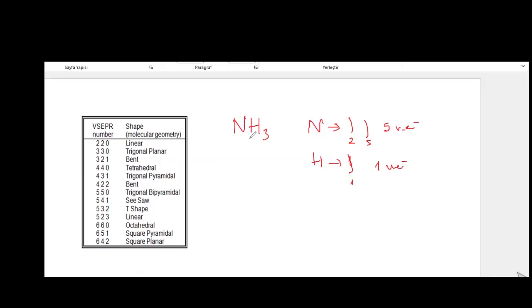Let's look at the Lewis structure of ammonia. In total, 5 from nitrogen and 3 times 1 from hydrogen. As you see here, there are 8 valence electrons in total in the molecule.